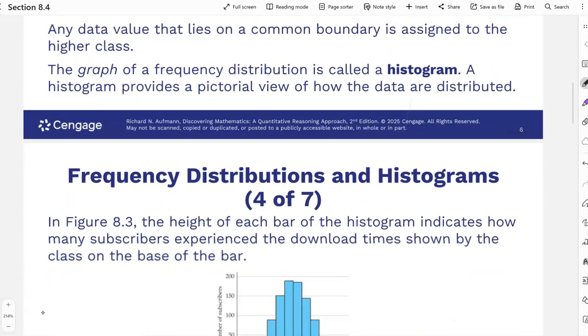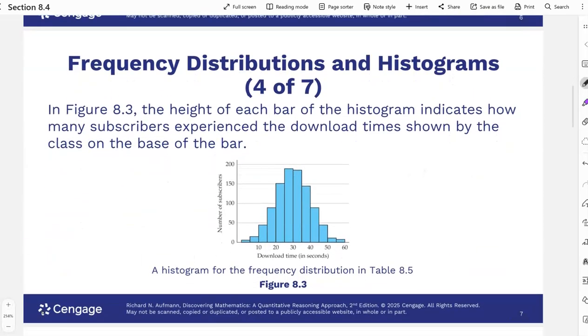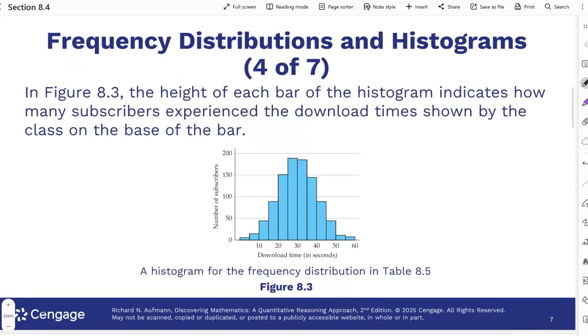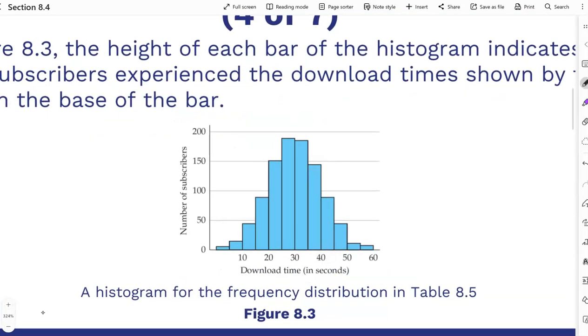If we were to do that using some technology, this first one represents 0 to 5 seconds. Then 5 to 10, 10 to 15, 15 to 20, and 20 to 25 would be represented by this one, and so on.